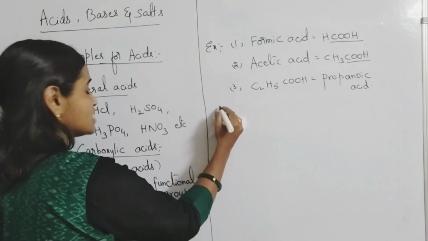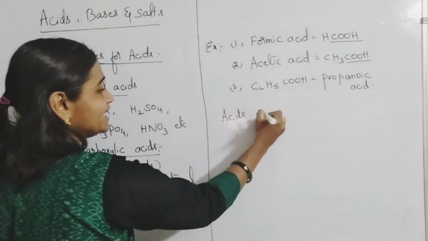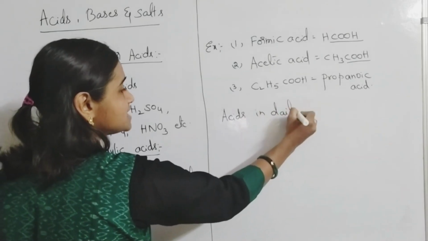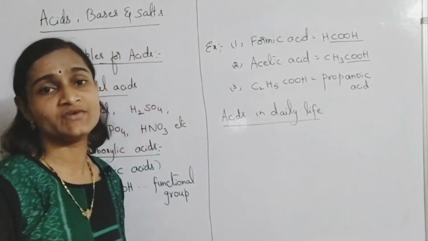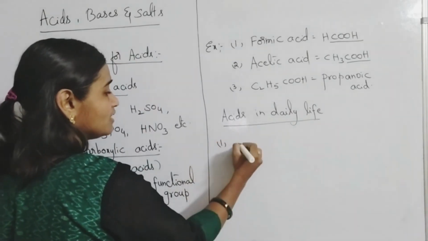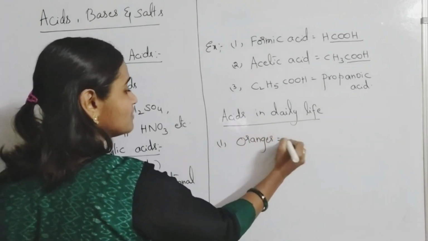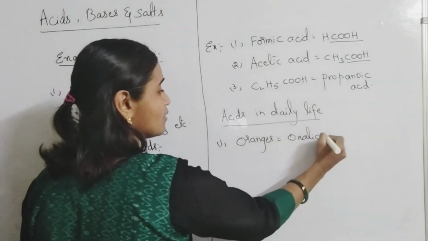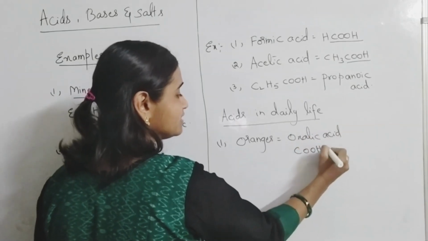And acids which are generally found in daily life. Some of the acids we observe even in fruits as well as in vegetables. Like in fruits, if you go for oranges, in oranges you have oxalic acid, which is also an organic acid.